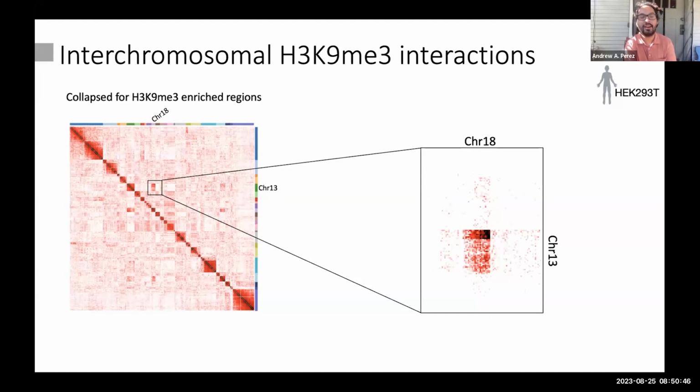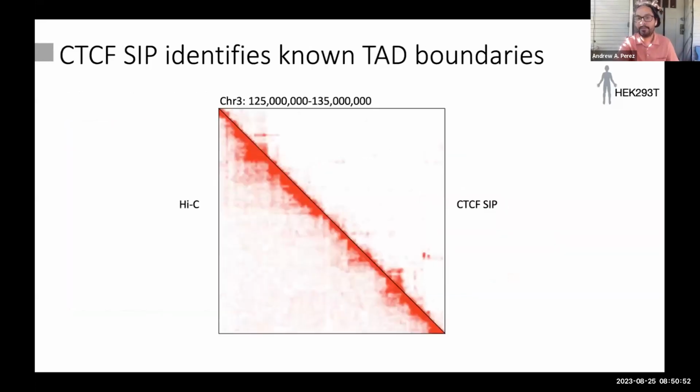So next we wanted to look at CTCF, because who doesn't? And if we compare our CTCF SPRITE IP to Hi-C data, we can see that we are getting these TAD boundaries, but the TAD boundaries are very discrete compared to these filled-in Hi-C maps.